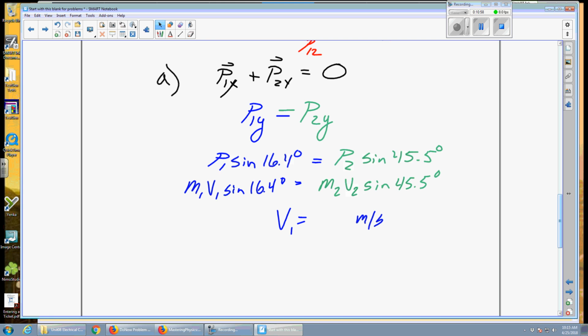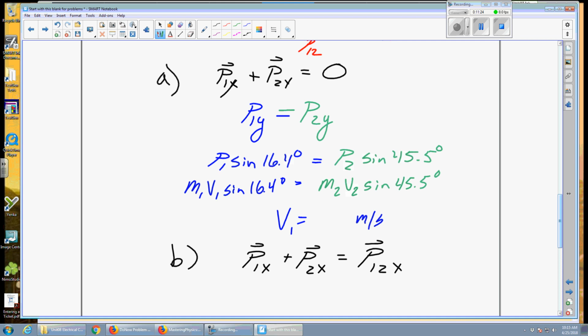Should we talk about part B? All right, let's talk about part B. In part B, we're using the same idea, except we have the momentum of 1 in the x plus momentum of 2 in the x equals the momentum of 12 in the x, which is only the whole momentum of 12.